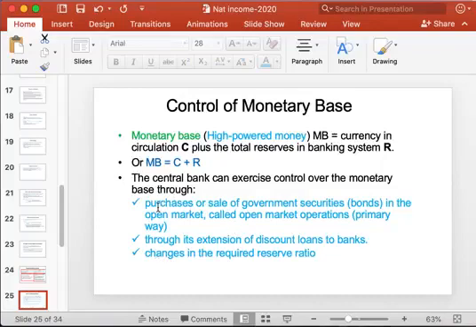So the control of the supply of money through purchase or sale of government securities I have already explained.